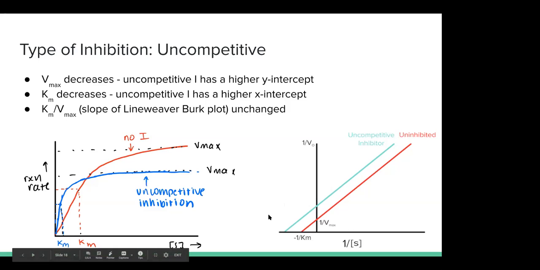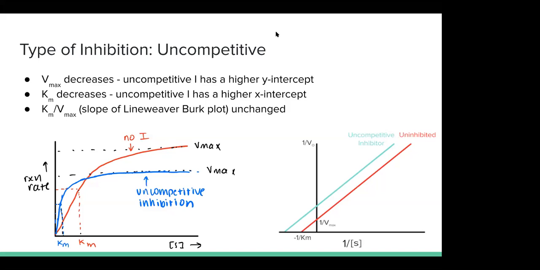Because both Vmax and Km are decreased, the slope is unchanged, because the slope is equal to Km over Vmax. Moving on to the Michaelis-Menten plot, we see that Vmax is lowered in the blue uncompetitive inhibition line, and so is the Km. Does anyone have any questions about these graphs? I can give you a few seconds to write them down in your notes.